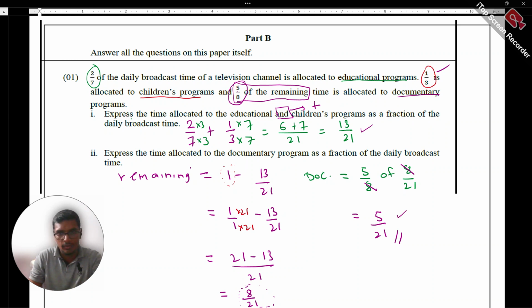When I add the total, it will be 18/21. So out of 21, 18 is spent by this time. Another 3 is remaining. They haven't asked anything yet, but once we did up to this extent, we should realize that. And we'll move to the next question.